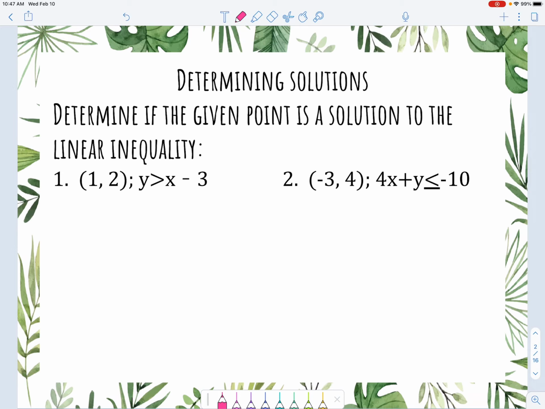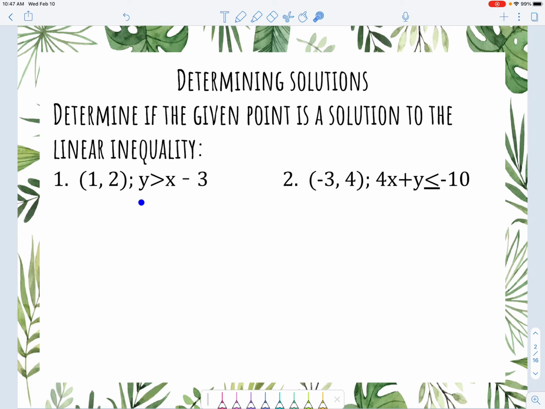The first thing that we're going to do is determine if an ordered pair is a solution to an inequality. You may have done this before in chapter 3 for inequalities that had just one variable, or you may have even done it in chapter 5 for linear equations. In order to determine if an ordered pair is a solution to a linear inequality, you're going to take the ordered pair, the x and the y, and replace the x and the y in that inequality with the numbers from the point, and you're going to evaluate.